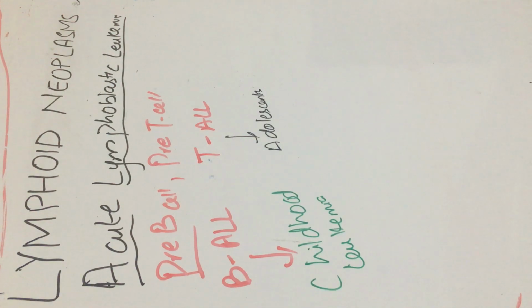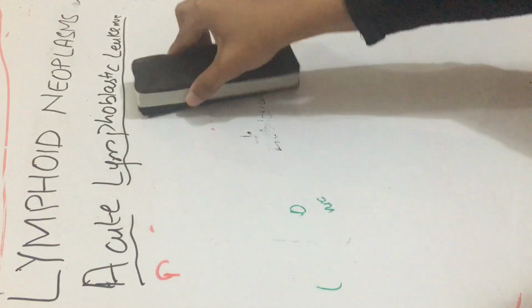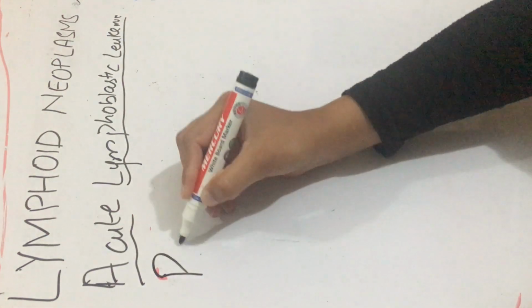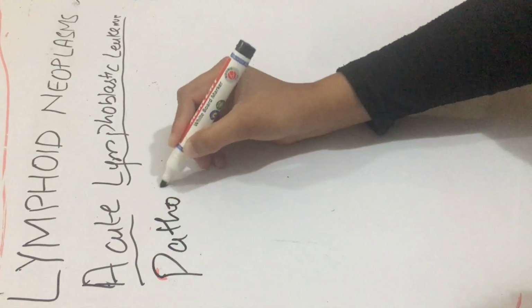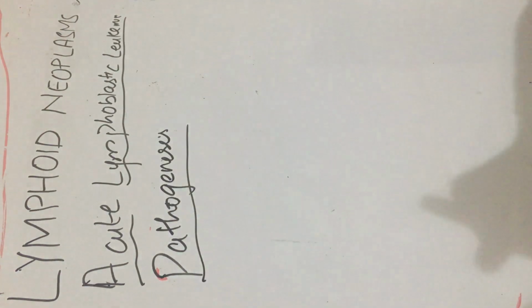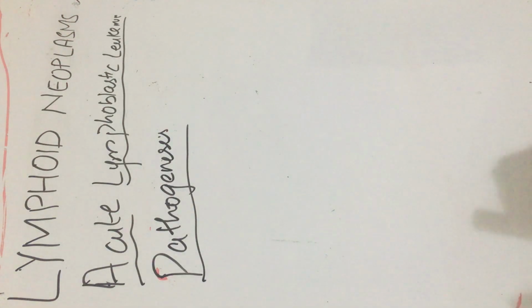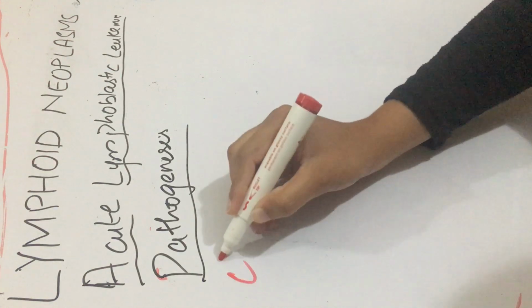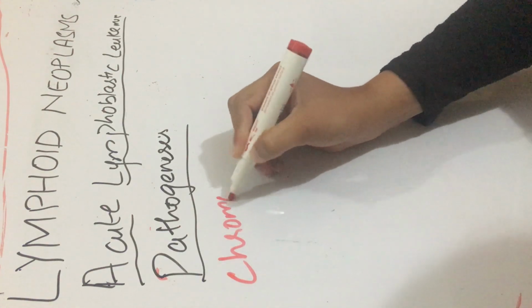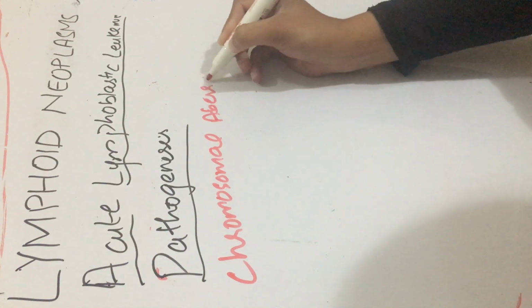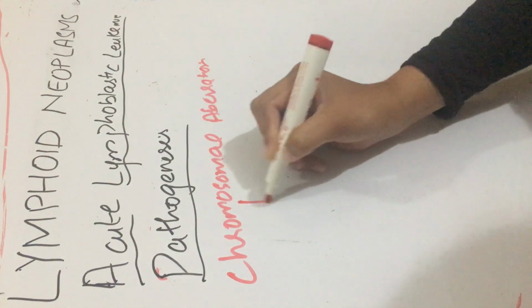Now we discuss the pathogenesis of acute lymphoblastic leukemia. Why does it occur? It is basically due to chromosomal aberration or mutation, due to which the transcription factors are affected.